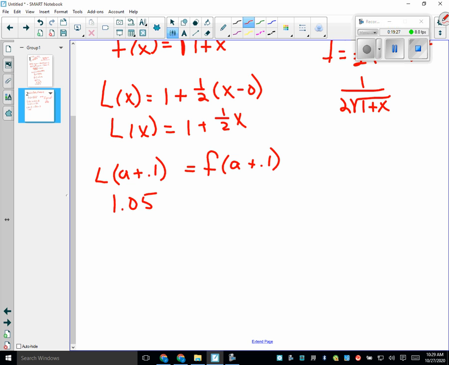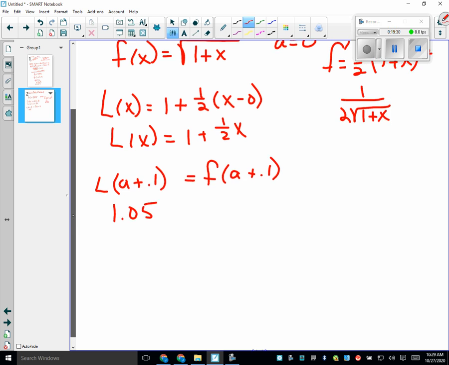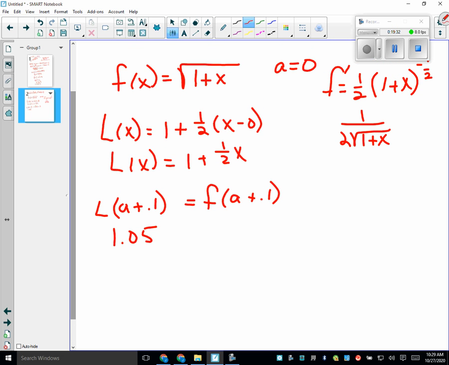Now, what is f of a plus 0.1? What is a? 0. 1.0488. That makes sense actually.